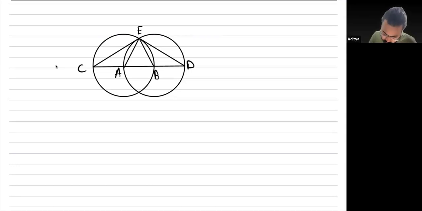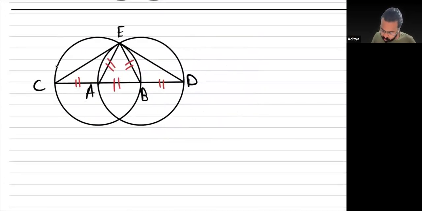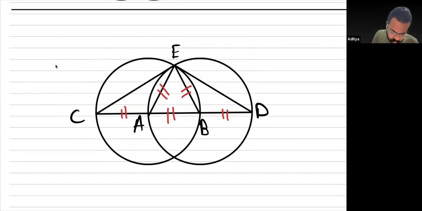And BE can be joined. It is quite trivial that all these are radial segments and they all will be equal. This makes EAB an equilateral triangle and you know all the angles inside it, 60, 60, 60.